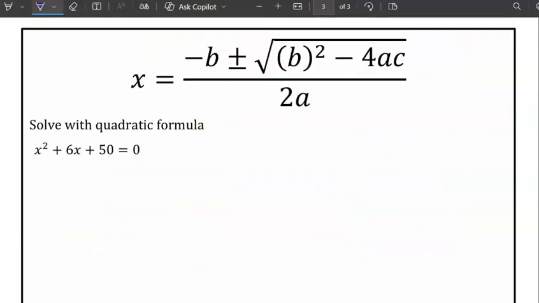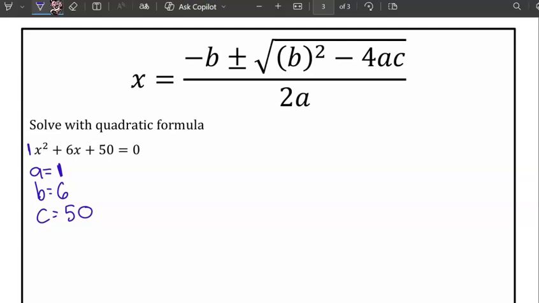On the last page, we're going to solve quadratic equations using the quadratic formula. X squared plus 6x plus 50 equals 0. First, identify a, b, and c. It's the coefficients of each of the terms of this trinomial. There are 1 x squareds here, so a is equal to 1. B, there's 6 of those, so we're going to write 6. And then c, our constant, is a positive 50.